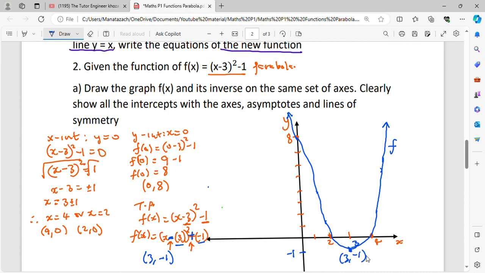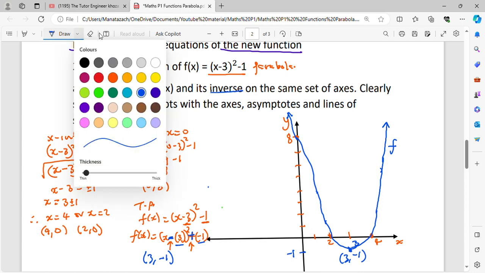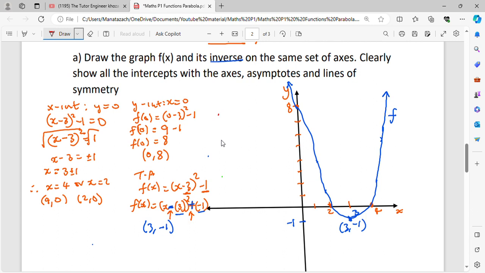So now remember, the question says you must also plot the inverse. It's easy to plot the inverse once you have the original graph plotted on the same set of axes. You're just going to plot this line, y is equal to x, and then you swap everything around when you're plotting the inverse.